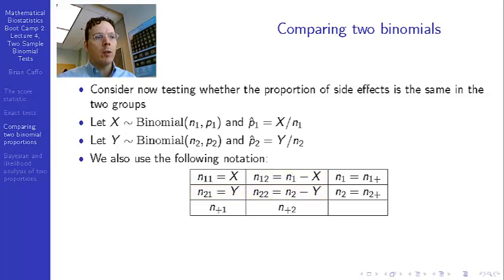I'll call n1 plus the right top margin, n2 plus the right bottom margin. In the case that I'm referring to both margins, I'll say n1 plus, n2 plus, n plus 1, and n plus 2 for the respective margins. In other words, the notation means summing over that index.